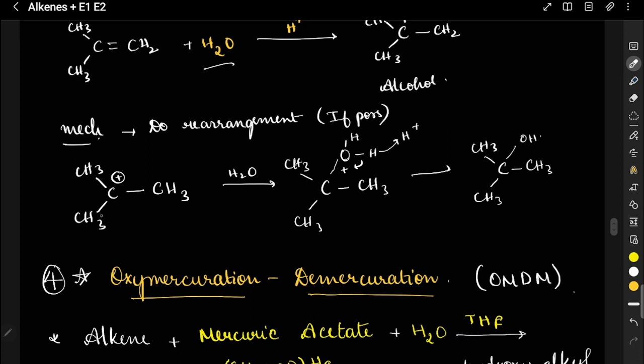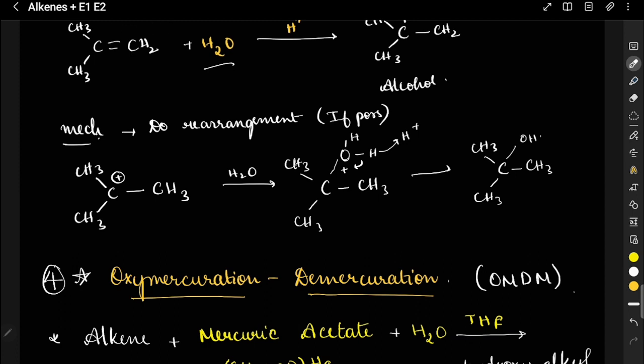Why? Because whenever you do a reaction with water, we have to look at the mechanism. First H plus goes and attacks this side, so this will take the electrons and get a negative charge, and this will get a positive charge. Immediately H plus goes and attacks here.